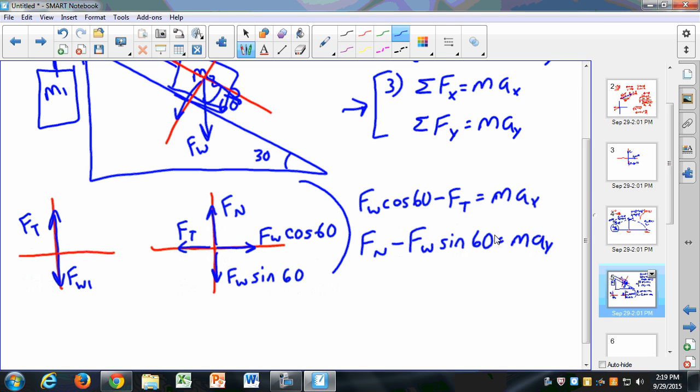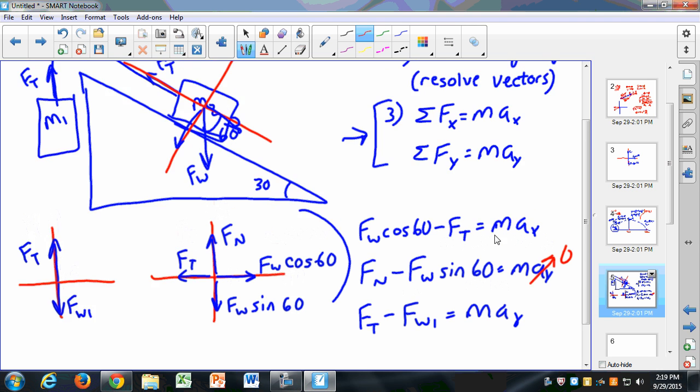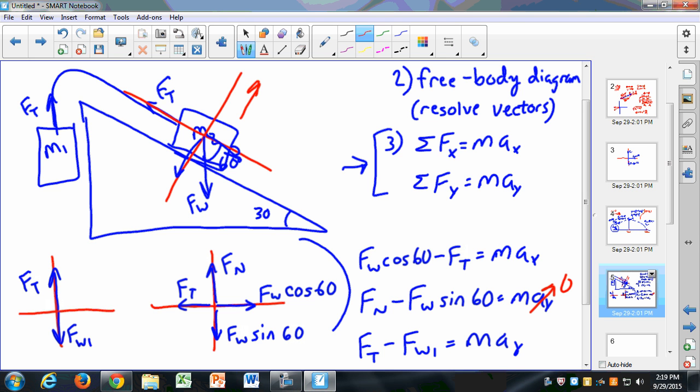And then for the third one, FT minus FW1 equals MAY. Those are our equations, and then you can go through and ask yourself, what are the accelerations? Here, this acceleration is 0 because the block isn't moving up or down. It's stationary in the y direction. That's always going to be the case for your inclined plane. The acceleration in the y direction will be 0, but notice that this is not 0.